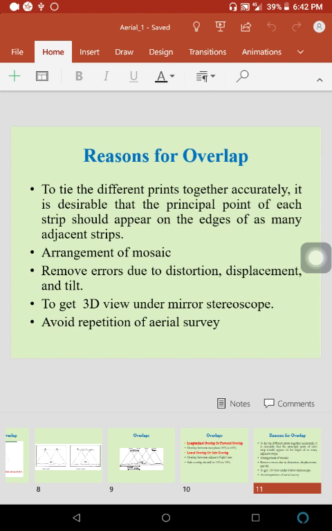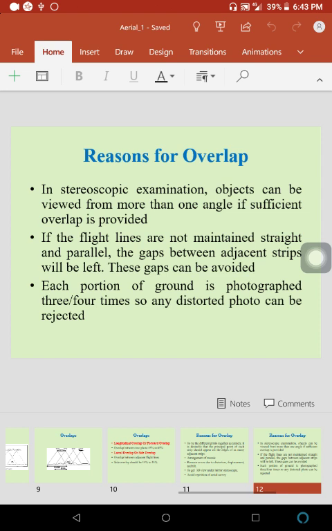Then in order to view the photographs under the mirror stereoscope, the overlap is necessary. Without overlap, it is not possible to get the three-dimensional view of the photographs under the mirror stereoscope, what you call the fusion of the photographs. Also, to avoid conducting the aerial survey repeatedly, since it is costly work and not possible to repeat again and again.